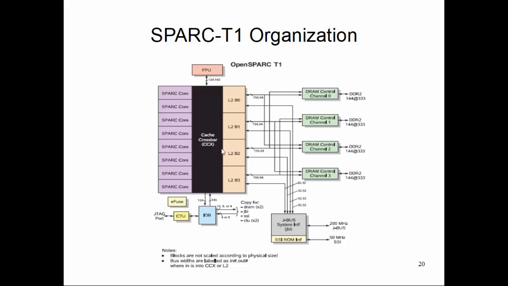The FPU is the floating point processing unit, for floating point number processing. So you can well imagine this SPARC T1 system is not for scientific computation. Its targeted market is web services, where floating point computation is not that important. Web service is more about integer processing.